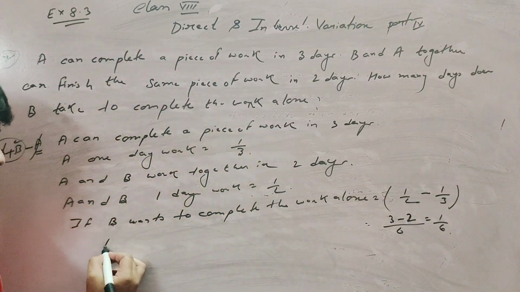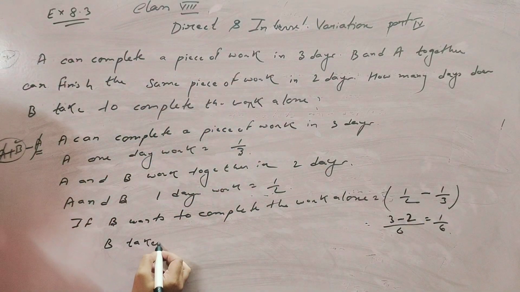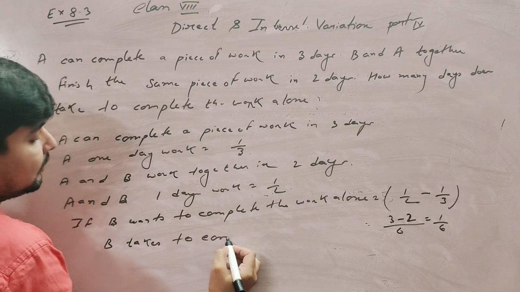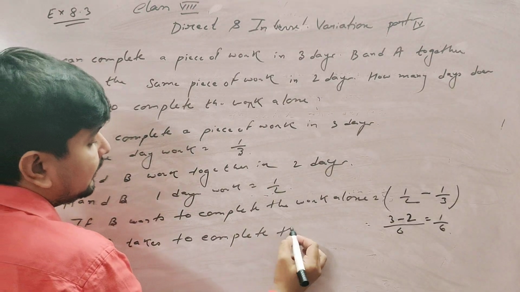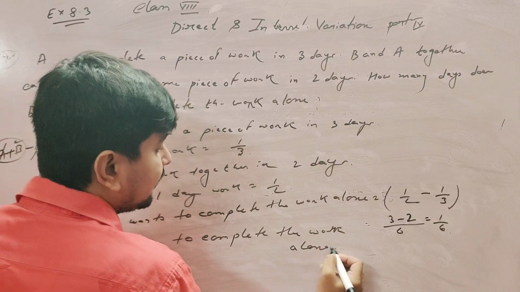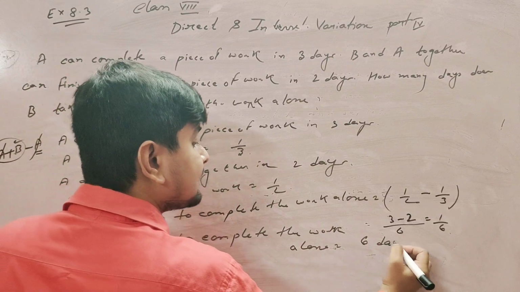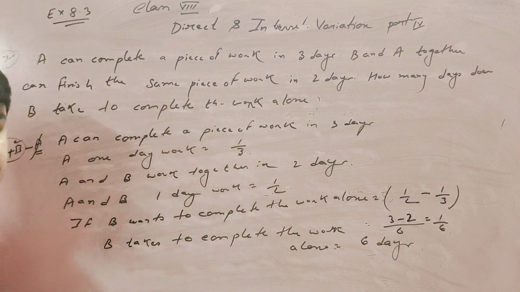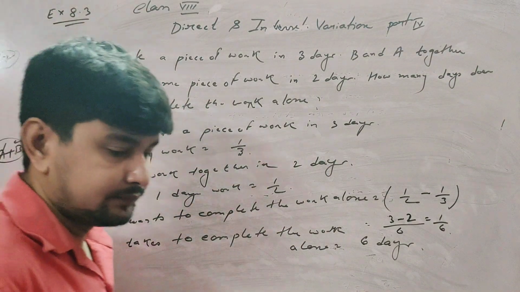So B takes to complete the work alone, reciprocal, 6 days. Clear?